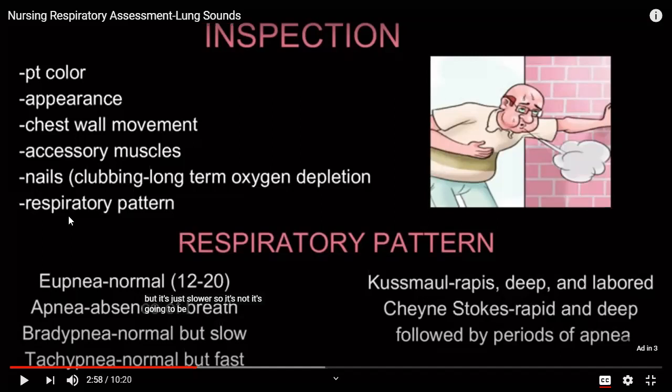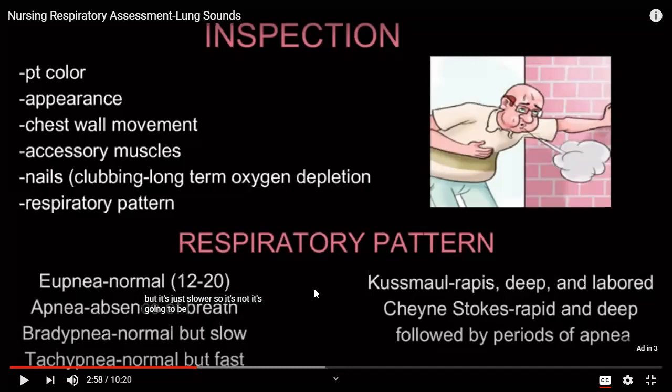And also, we have to check the respiratory pattern, meaning whether the respiration is abdominal, thoracoabdominal or thoracic pattern. So now we are talking about the respiratory pattern. The normal rate of respiration is 12 to 20 breaths per minute, and normal respiration is called eupnea.